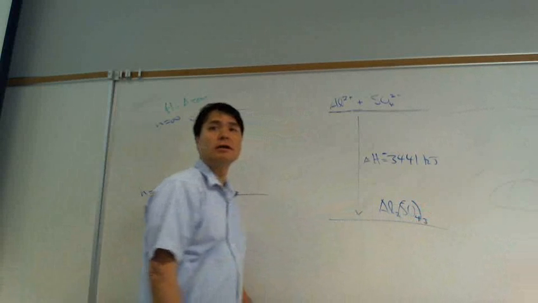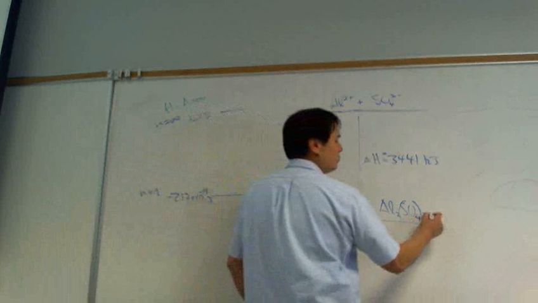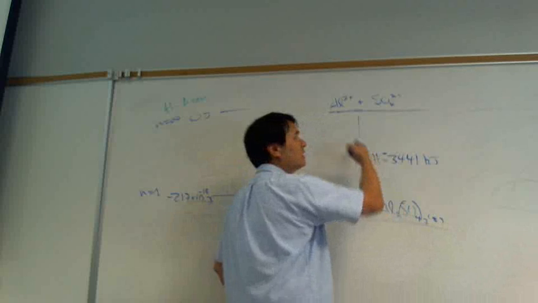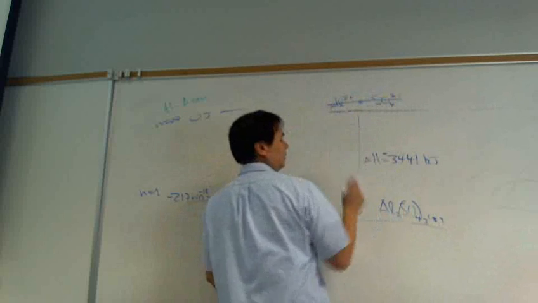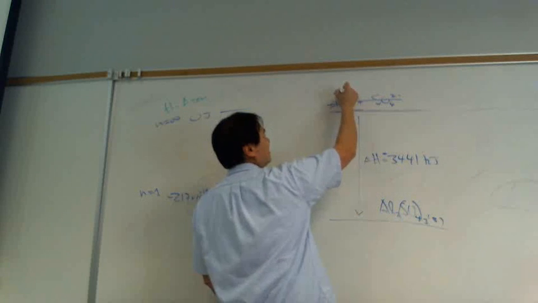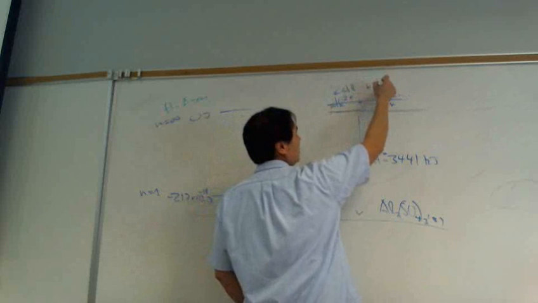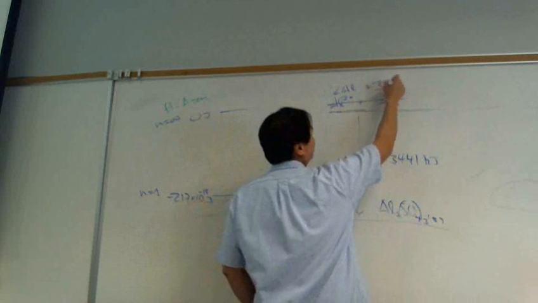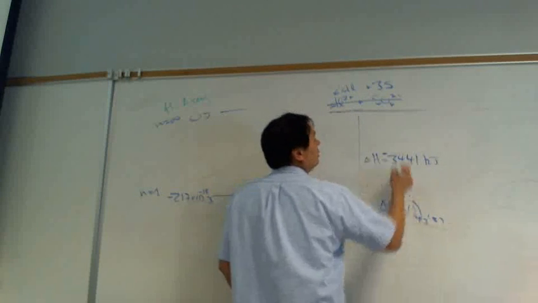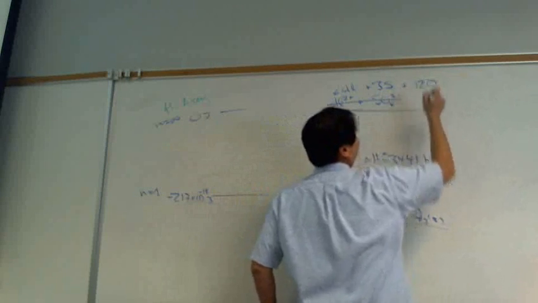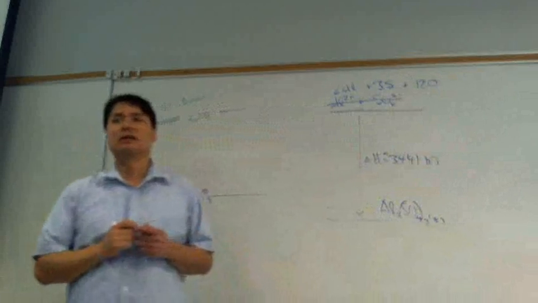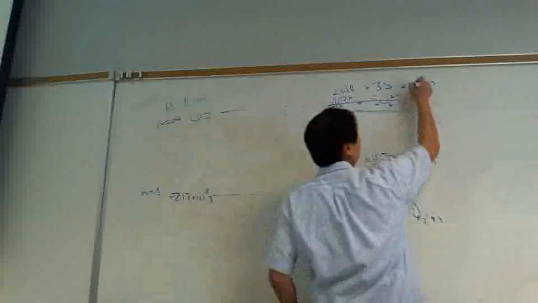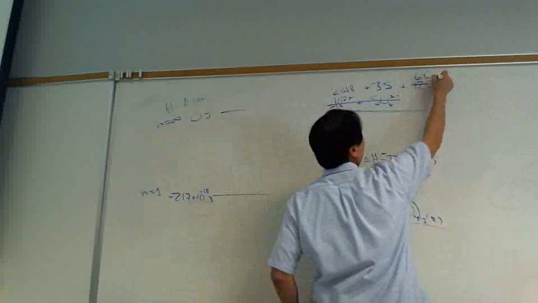Is that right? No. We're forming 1 mole of solid aluminum sulfate from what exactly? Aluminum, sulfur, and oxygen. Yes, we have 2 aluminums plus 3 sulfurs plus 12 oxygens. And so is that right? No, actually the oxygen's wrong. It should be 6O2.